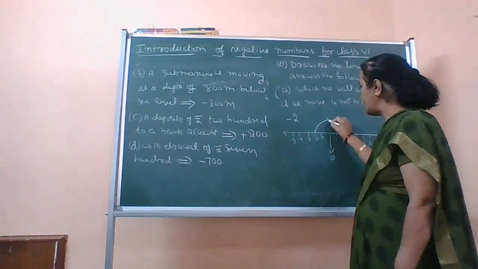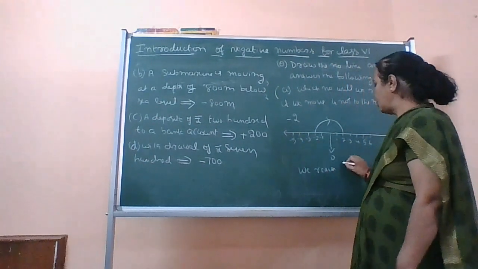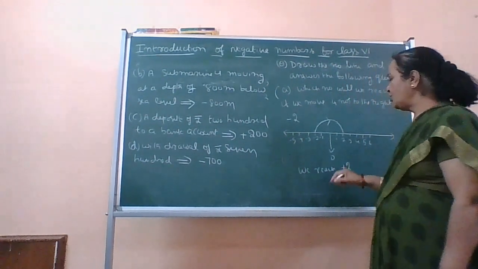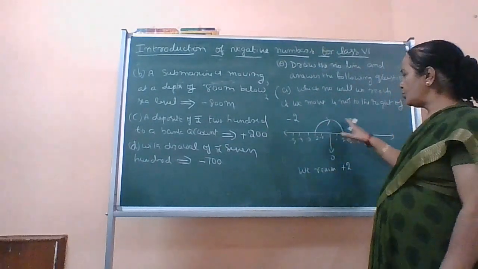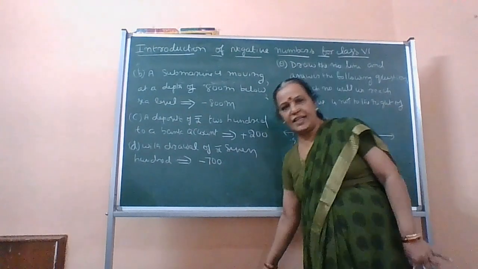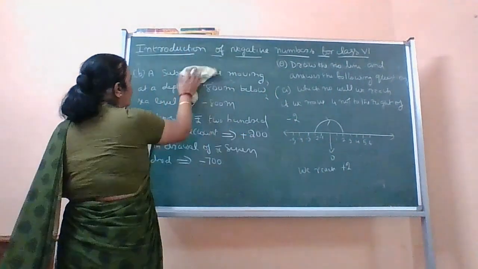Therefore, we reach plus 2. We have to start with minus 2 and go towards the right side. Now, one more question from the textbook.